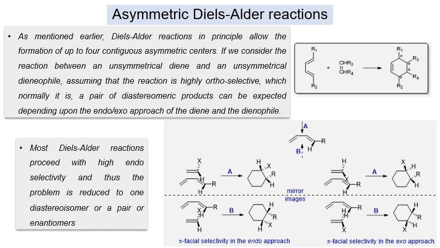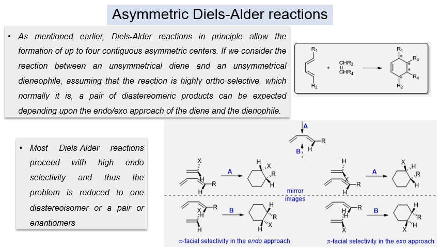Most of the Diels Alder reactions will proceed with very high endo selectivity. Therefore, the only thing that we need to then consider is a pair of enantiomers or diastereomers.